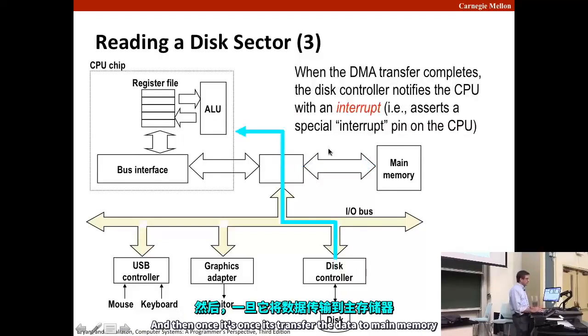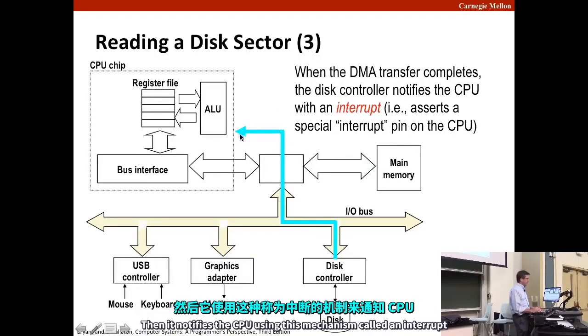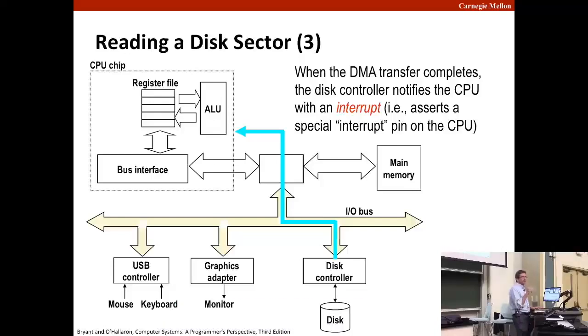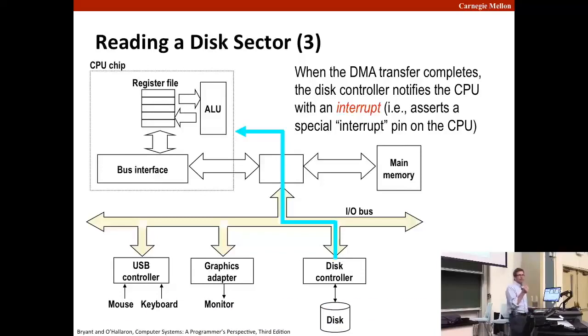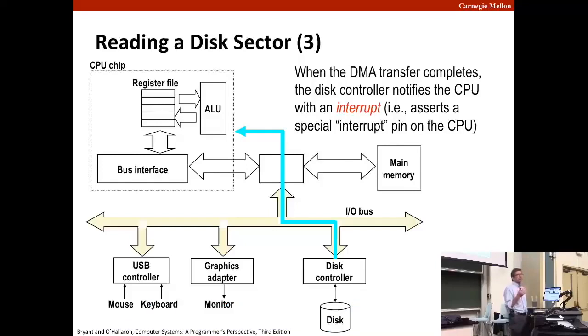And then once it's transferred the data to main memory, it notifies the CPU using a mechanism called an interrupt. It actually asserts a pin on the CPU chip itself, changing the value of that pin from 0 to 1. That triggers an interrupt, which notifies the CPU that the sector's been copied.